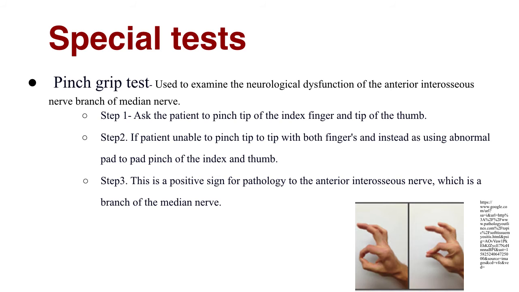Pretty self-explanatory. I have a few technique tips here, but you're just pinching and seeing if that person can pinch. As well as a variation of this, you try to separate their fingers to test their strength, which you should do in manual muscle testing anyway.